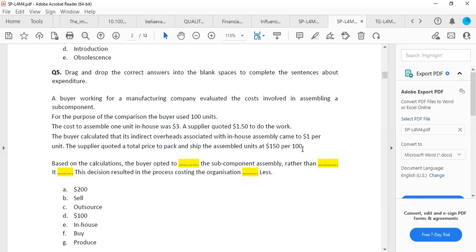The supplier quoted a total price to pack and ship the assembled unit at $150 per 100 units. So if you multiply the 100 units by the 1.5, plus 150, it will cost us $300. To do it in-house, it will cost more, won't it? Yeah.